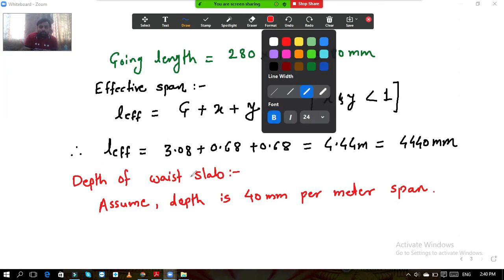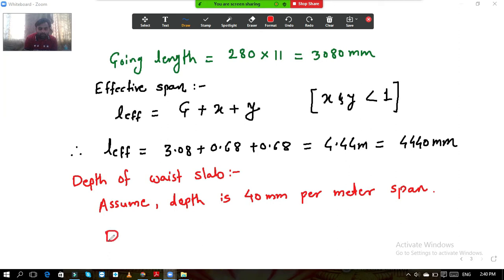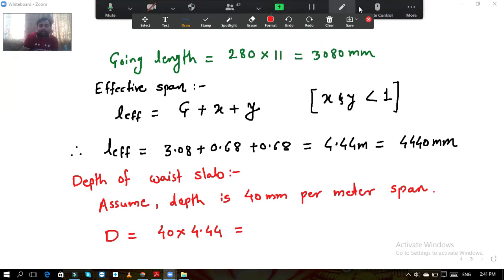Now what is our calculation now? Then capital D, that is our overall depth. It is 40 into, what is the span in meter? It is 4.44, which is equal to. Now calculate the depth and let me know the answer.